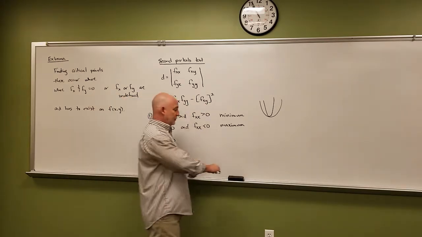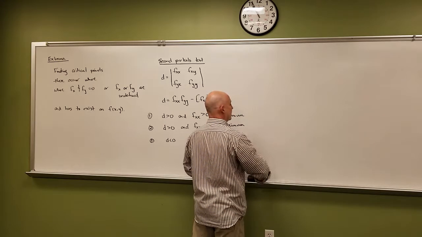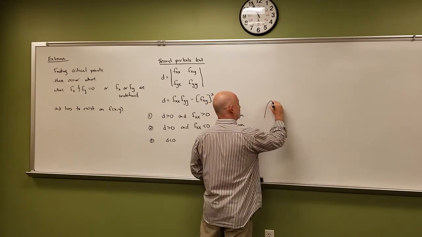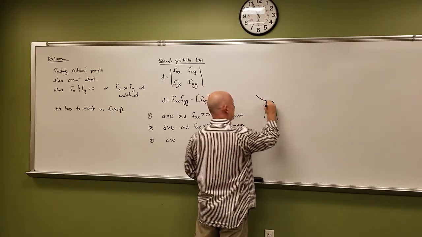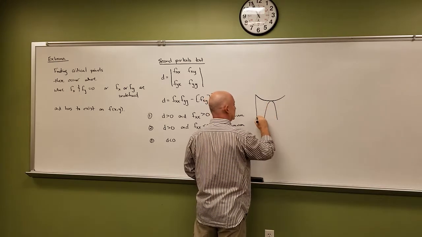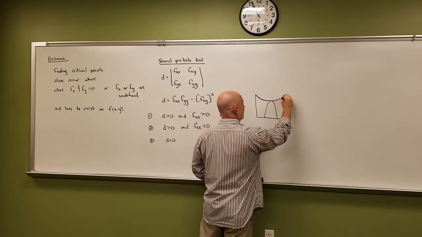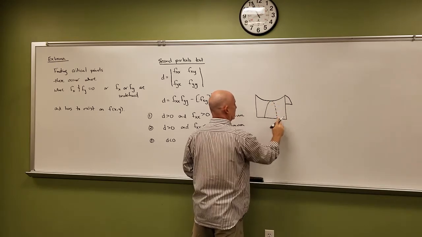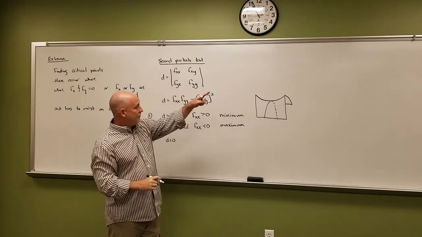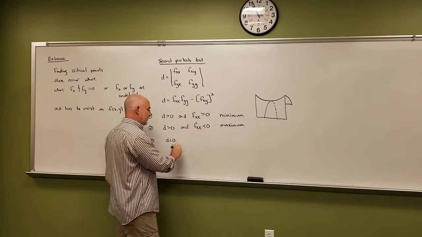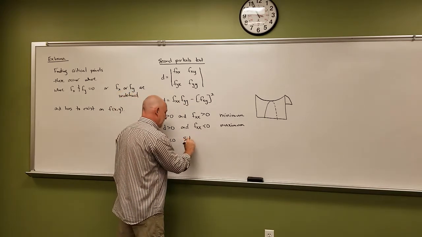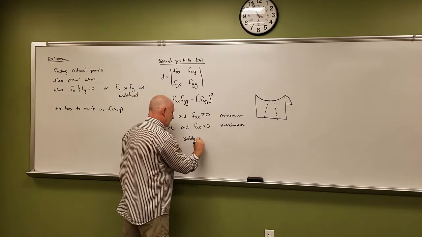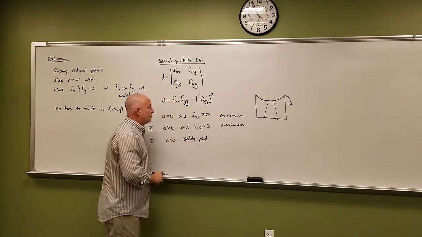Another way to think about it, from the picture I drew a second ago: if one is positive and one is negative, we end up with that saddle picture I had from before. It looks like that, and that would be going to the back side of it. So one is positive, one is negative. So if d is less than 0, we actually get a saddle point from this test.